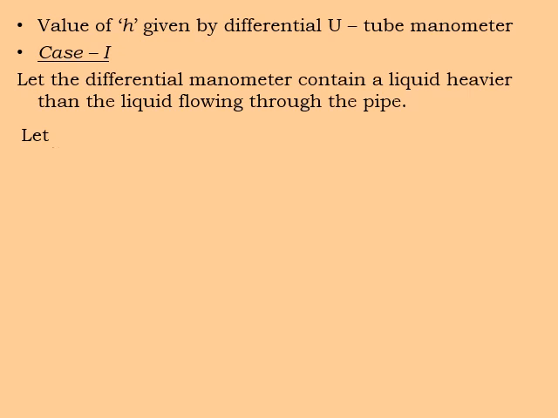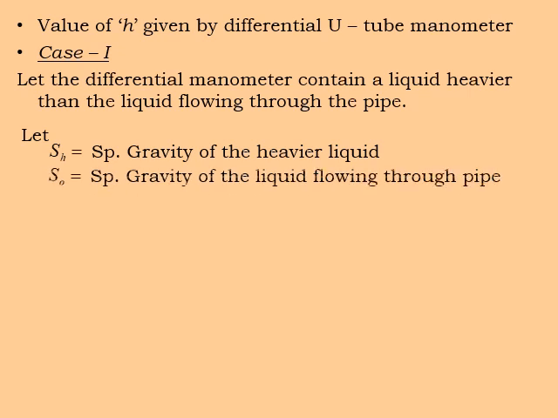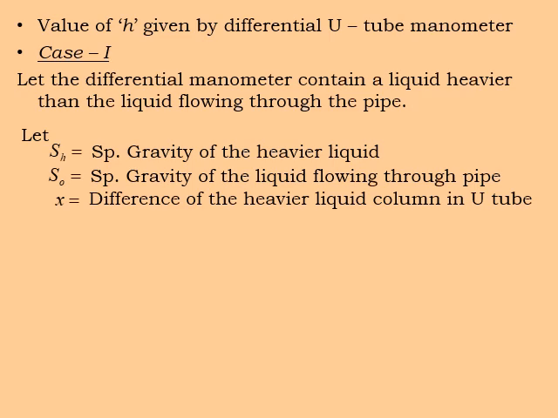At that time H is calculated like that. Here Sh is the specific gravity of the heavier liquid, So is the specific gravity of the liquid flowing through the pipe, that is the light liquid, and X is the difference of heavier liquid column in the U-tube.